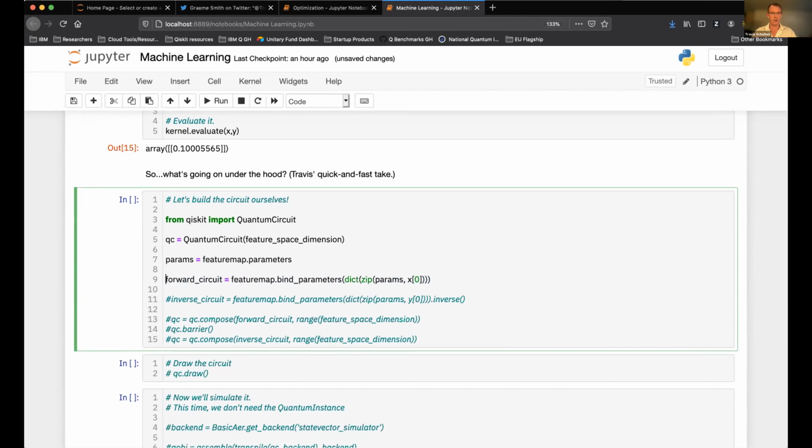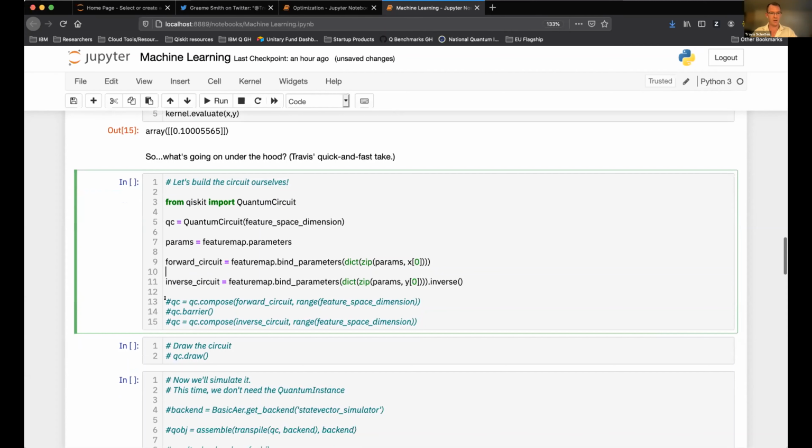So the first part that I need to do is bind the parameters of my data point X to the forward action of my feature map. And then I need to bind the parameters of Y to the action of that feature map, but then do the inverse. So you can see here, I said forward circuit, just bind the parameters. But with the inverse circuit, I bind the parameters and then do the inverse, okay?